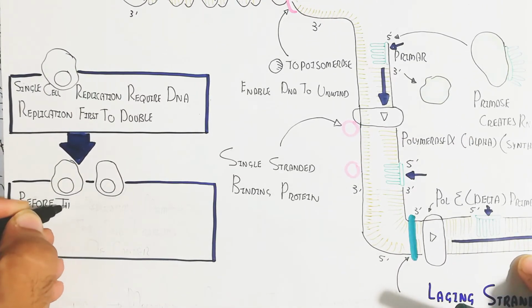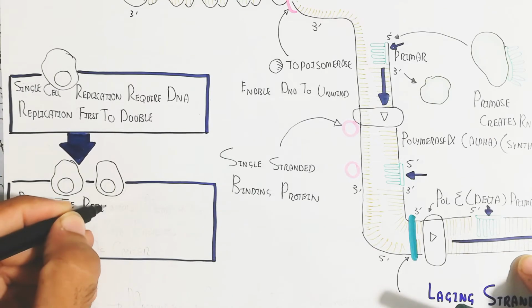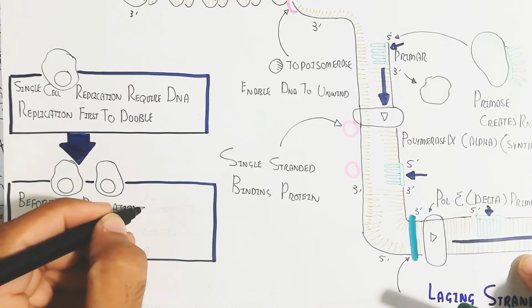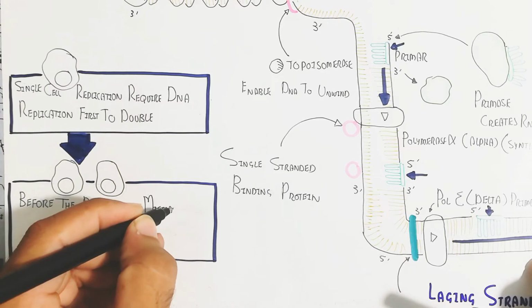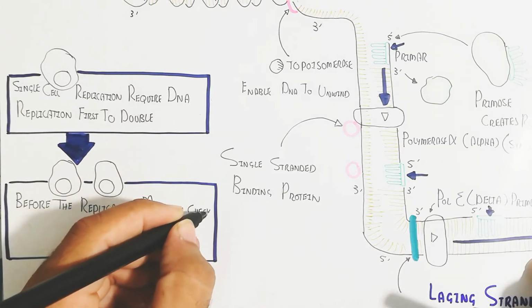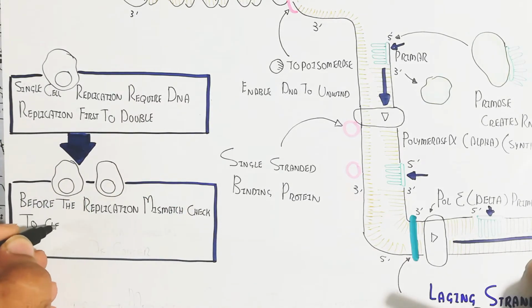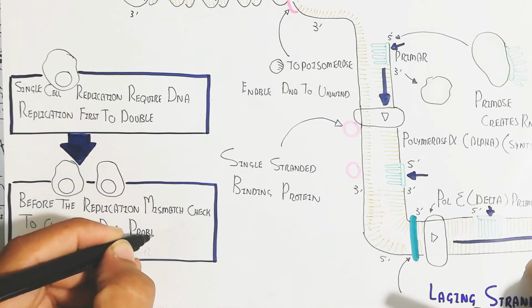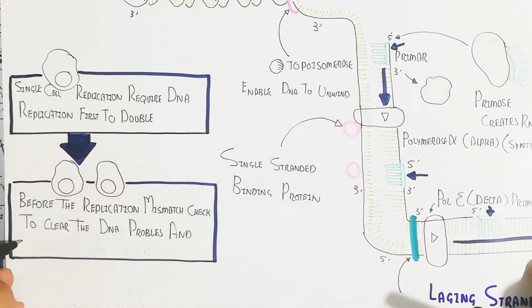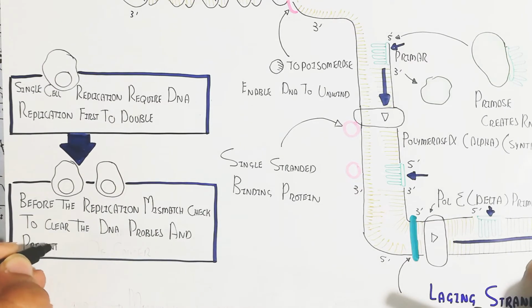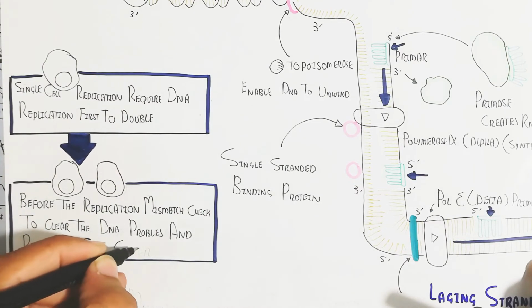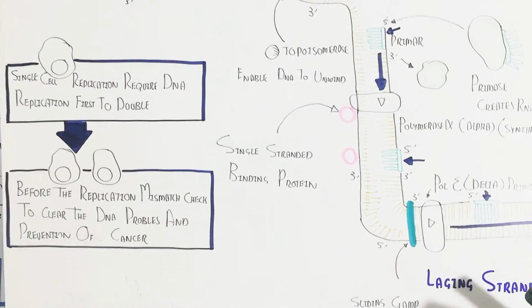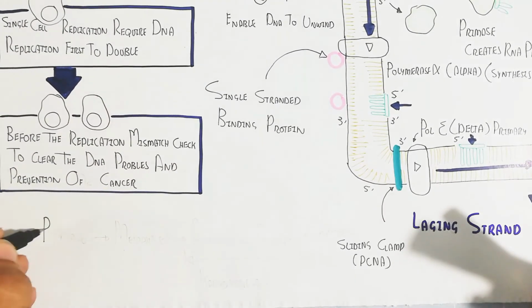Before replication, a mismatch check clears DNA problems and prevents cancer, and epigenetic homeostasis, meaning methylation homeostasis and acetylation homeostasis, is checked, which prevents epigenetic mutation. Then come prophase, metaphase, anaphase, telophase, and cytokinesis, with karyokinesis followed by cytokinesis.